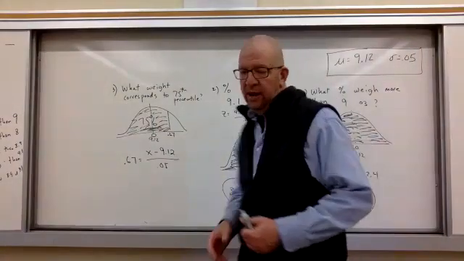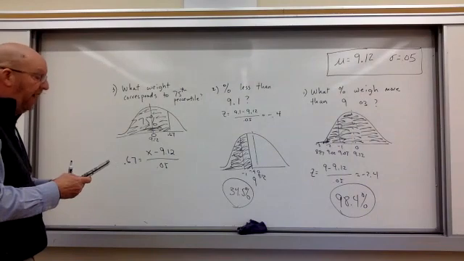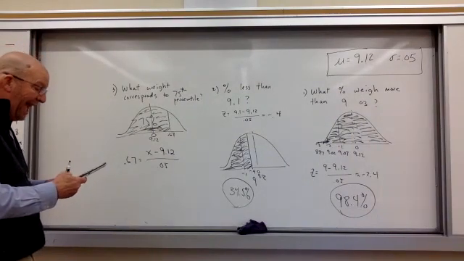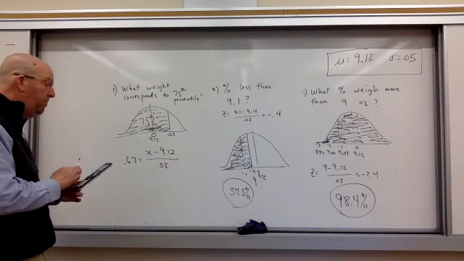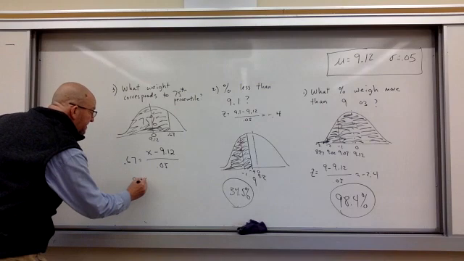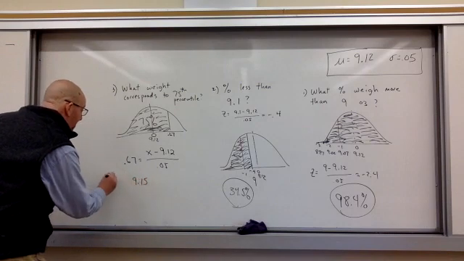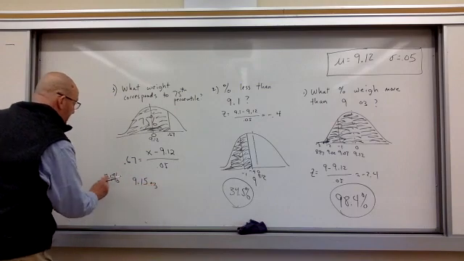Okay, so here we go. Let's see what we got. We'll take that answer times 0.05, and we will add it to 9.12. And we get 9.15. So what does that mean? 75% weigh less than 9.15 ounces.